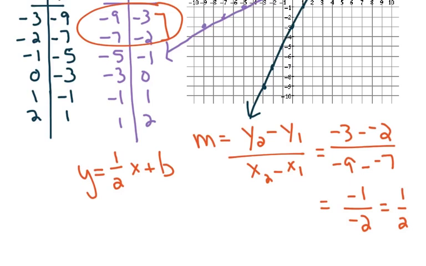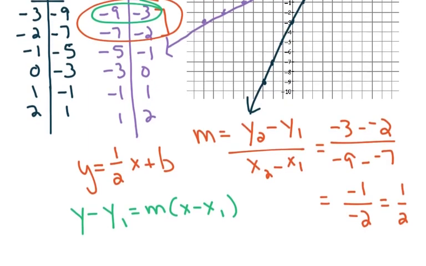To find the y-intercept, I'm going to use either one of the ordered pairs that I used in the slope. Why don't I use the first one? There's something called point-slope form, which is another form of a linear equation that you should have at least seen. Point-slope form is y minus y1 is equal to m times (x minus x1).